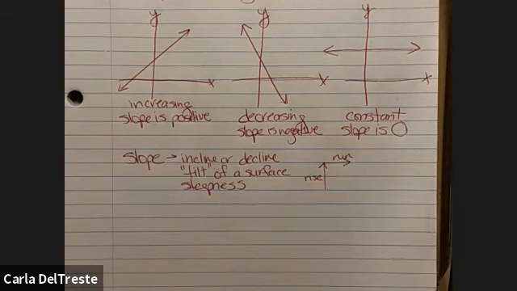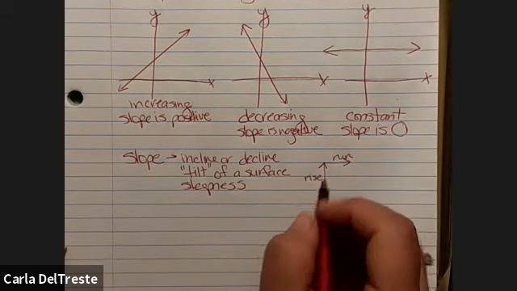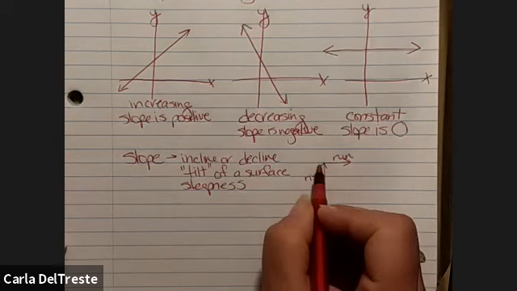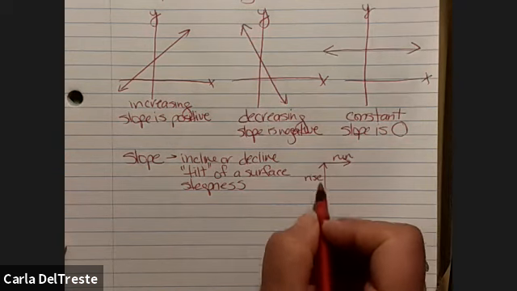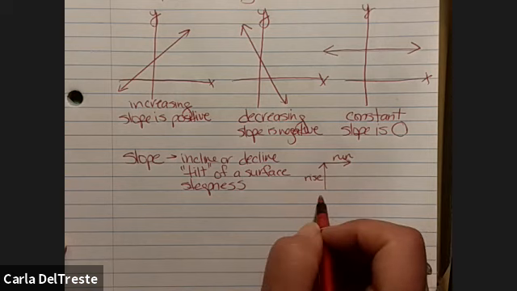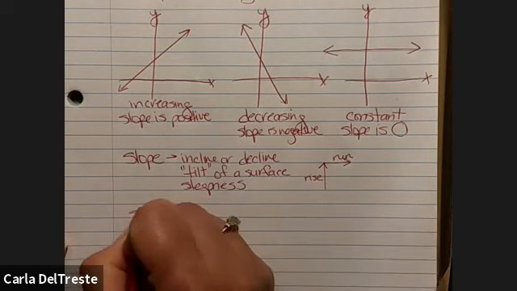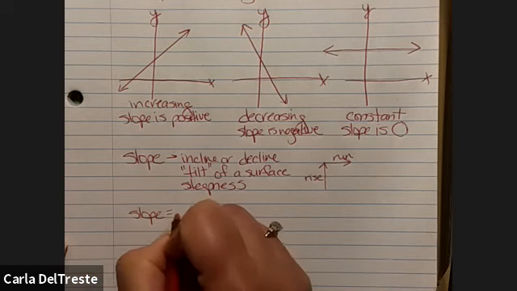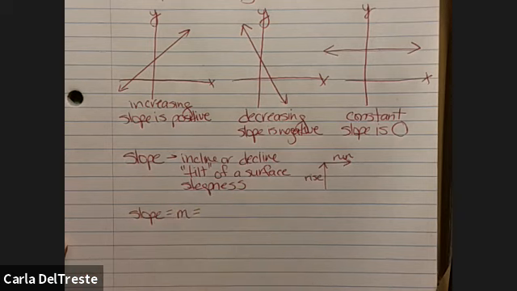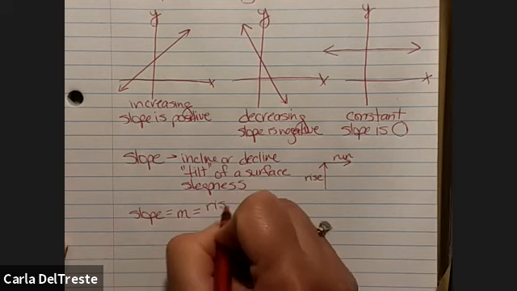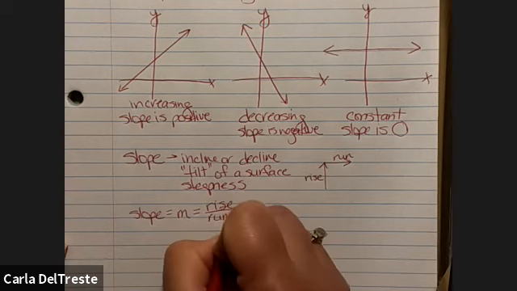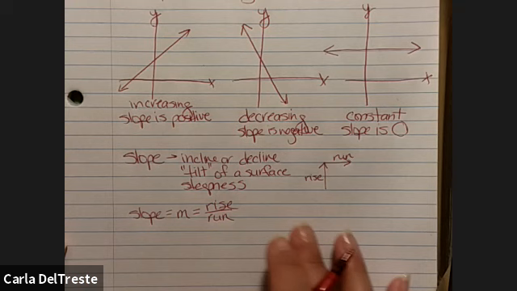Again, all this might be very familiar. So we're talking about rise from point to point and then the run, or the horizontal distance from point to point. So we're going to use the letter M to signify slope, and we're going to define that as rise over run.